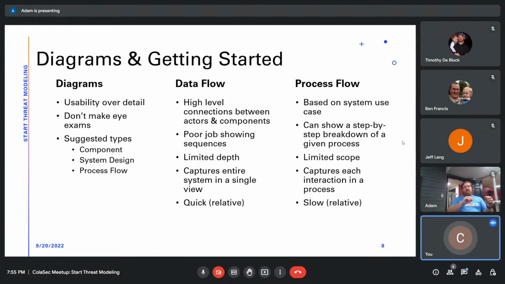The problem is, as you're enumerating those for all of the different use cases in your application, that gets very, very tedious very quickly.